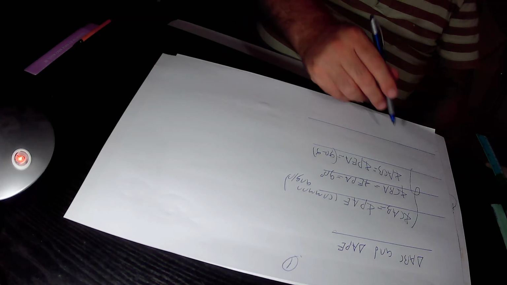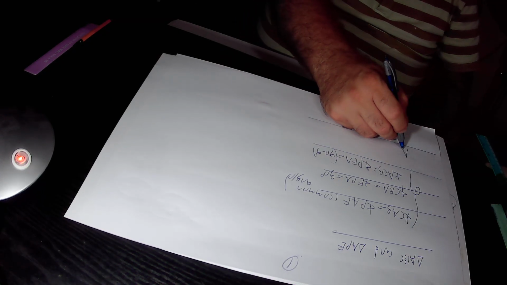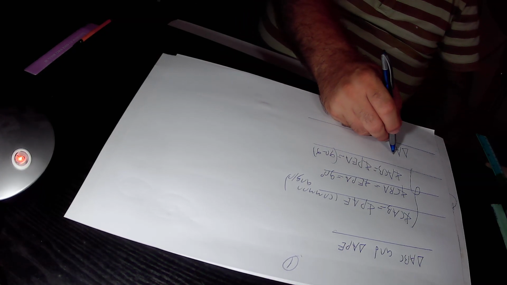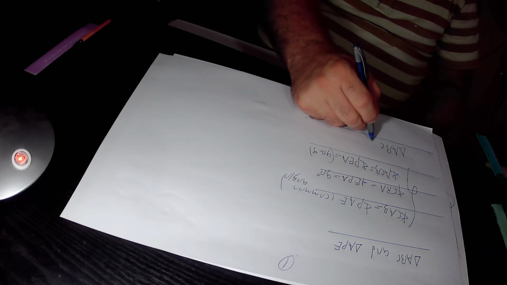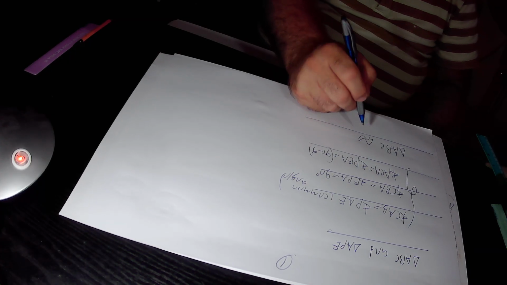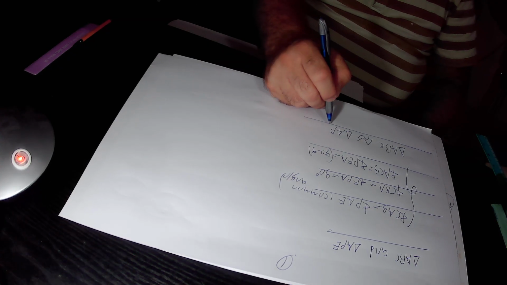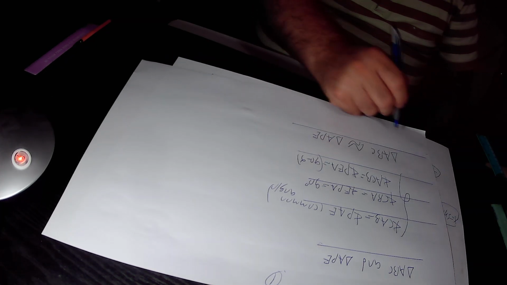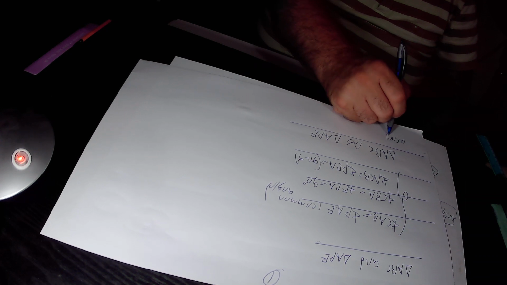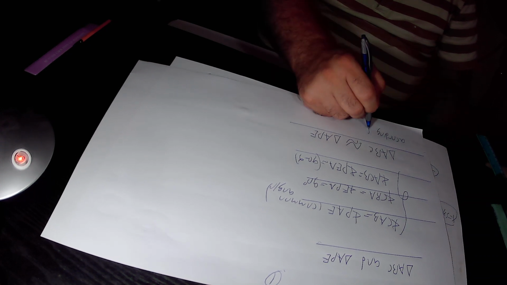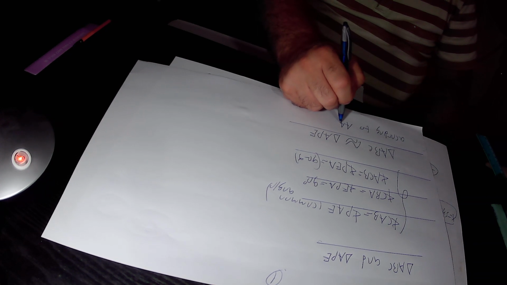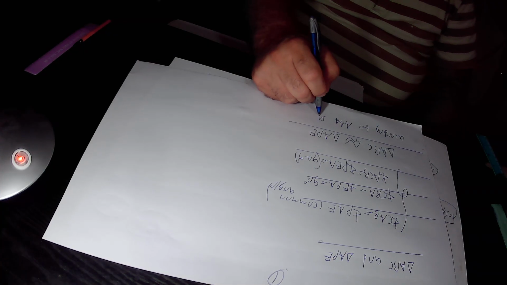So I write it down. We found out that the big right triangle ABC is similar, this is the sign of similar, to the right triangle APE according to the angle similarity rule.